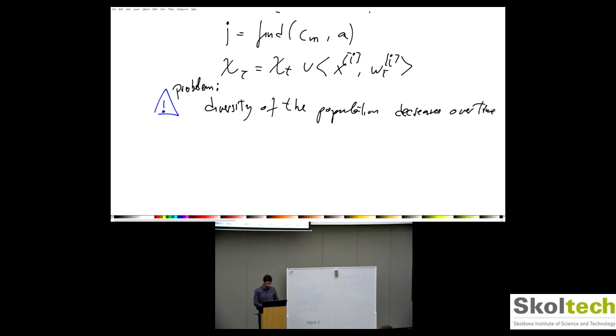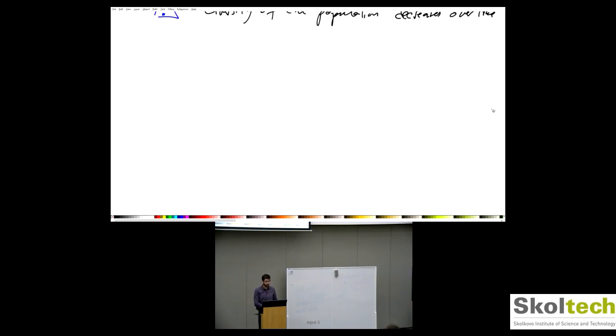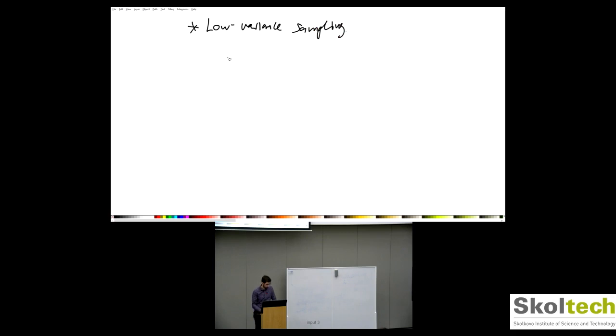Okay, so again, this was just the first approach to this, just for you to get an idea that we should be doing resampling, but it's probably not the best way, right? And actually there's an algorithm that you will be implementing, which is called low variance sampling, that is going to be more convenient for our problem, right? So we are going to be building a cumulative distribution as well.